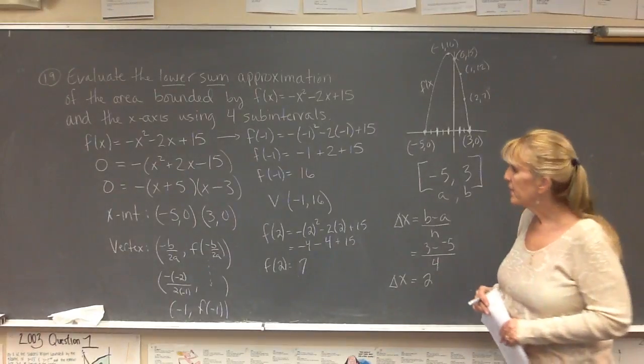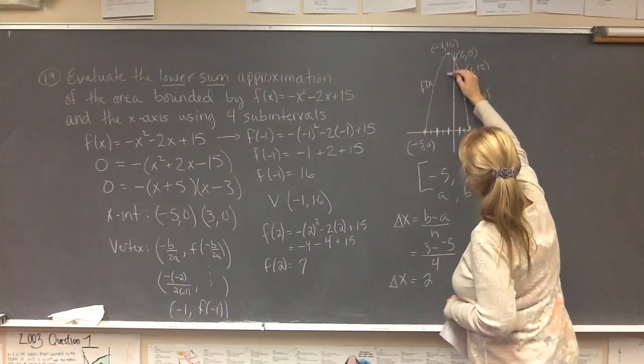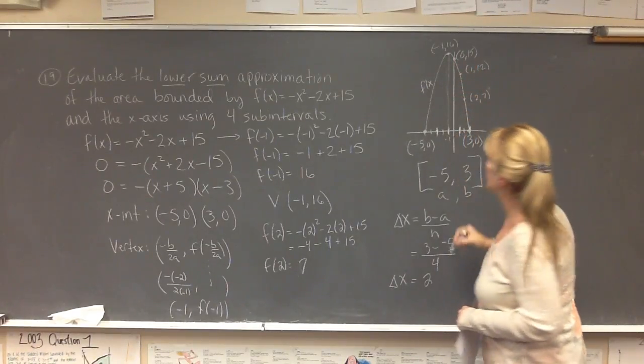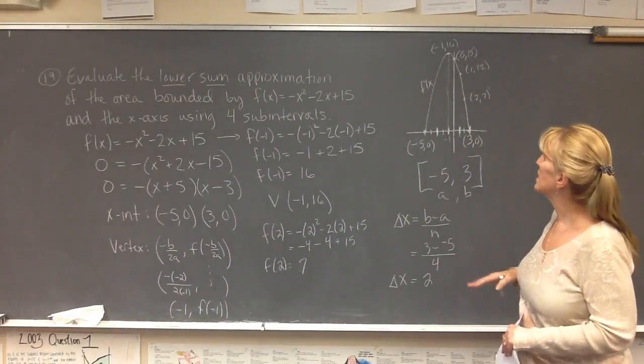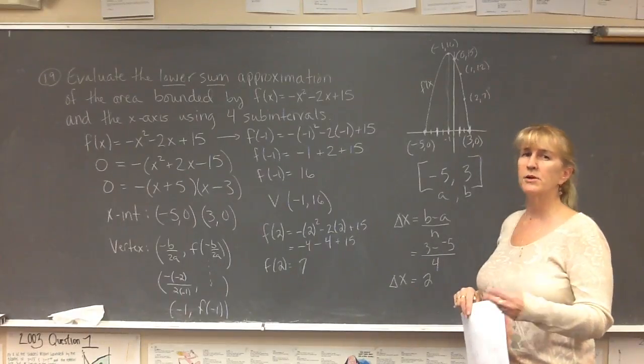Okay, now I want to notice that this is a symmetric graph, and it's symmetric about the line of x equals negative 1. So I'm going to do a little tricky thing here: I'm going to find half the area, and when I'm done finding half the area, I'm going to double it.